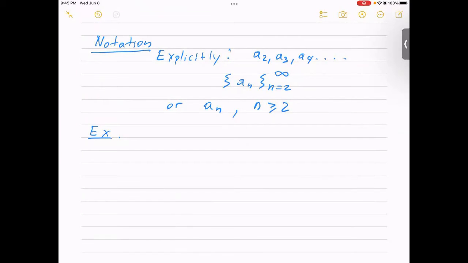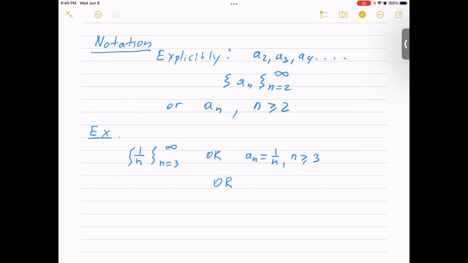First one, say, I'm going to write down the formula for a sequence, 1 over n, and say n starts at 3 and ends at infinity. Okay. I also can rewrite the same one as, say, an equals to 1 over n, and n bigger or equal than 3. That's the second way.